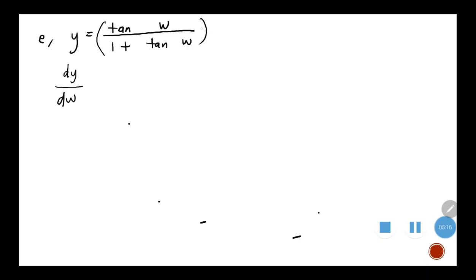Okay, no, we shouldn't, because this one has a numerator and denominator, or fraction. When you come across this kind of equation, you must use the quotient rule.